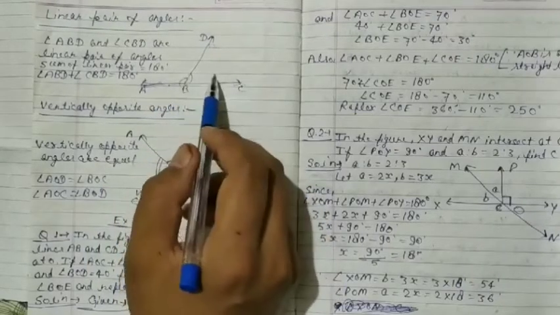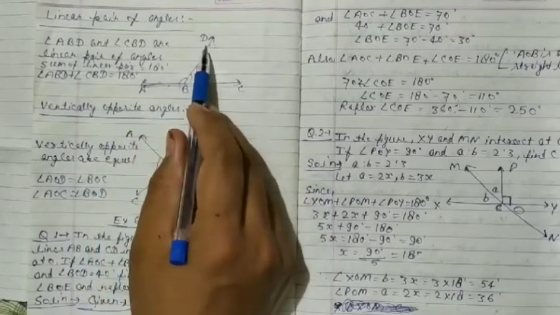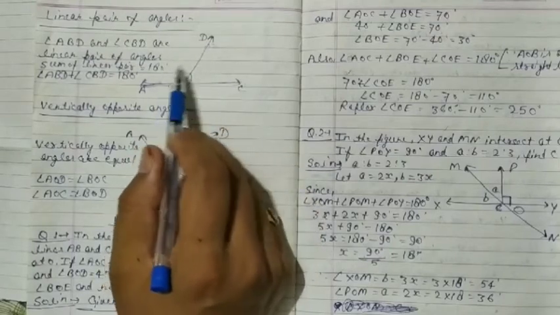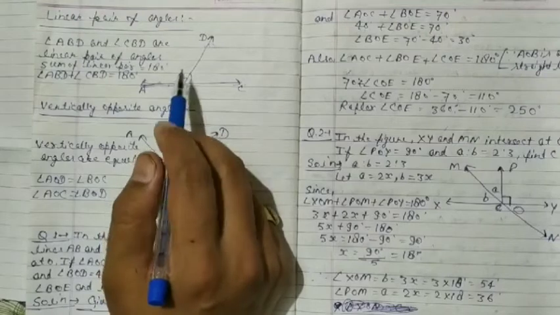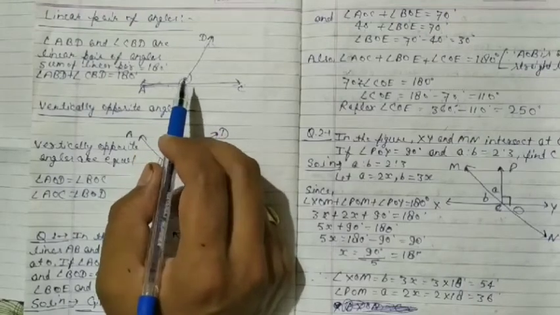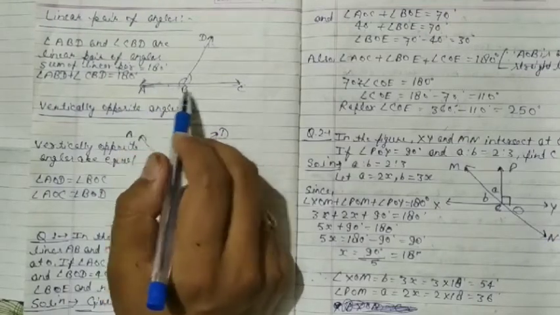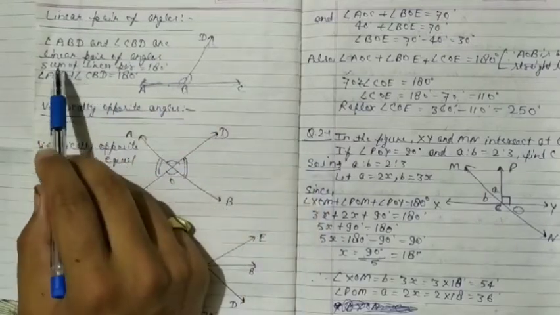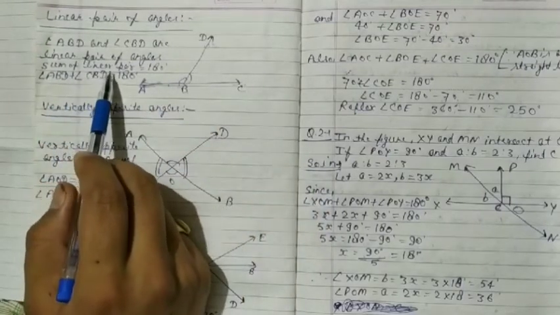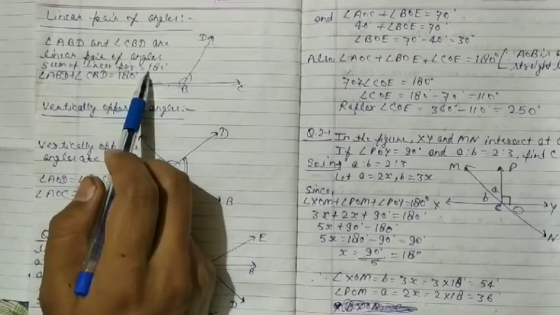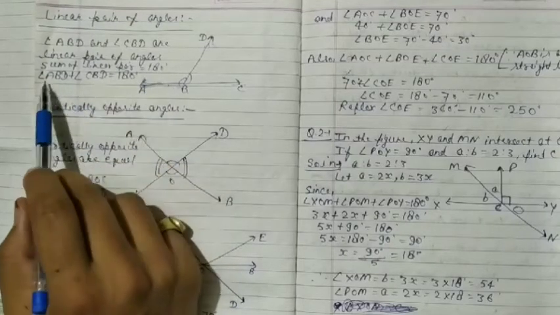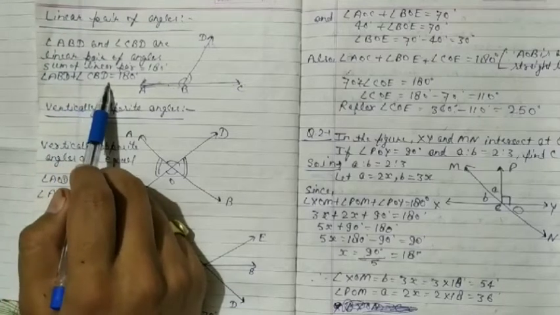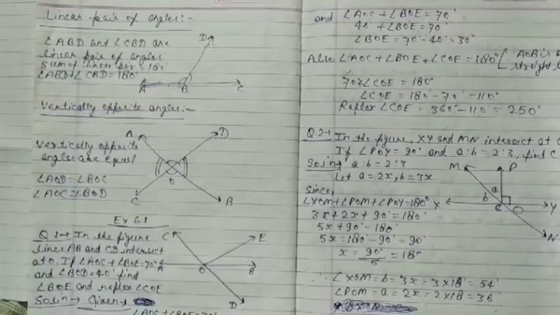So these two angles, angle ABD and angle CBD, both are adjacent angles. Both are known as linear pair angles because ABC is a straight line and the sum of linear pair angles is equal to 180 degree. So angle ABD plus angle CBD equals 180 degree.